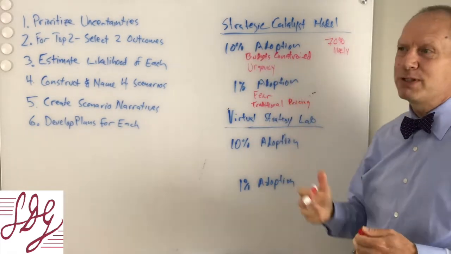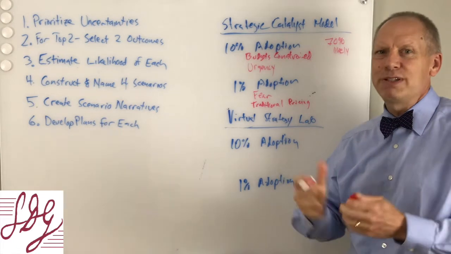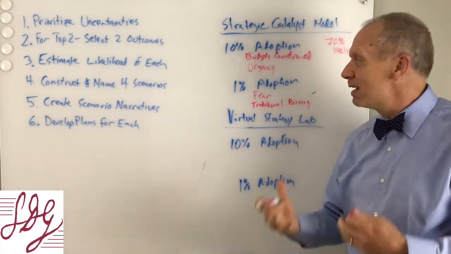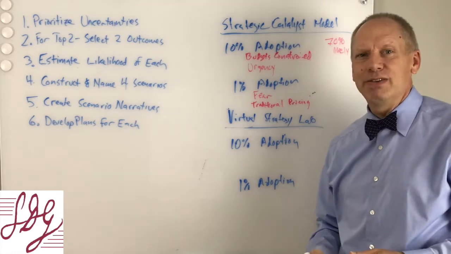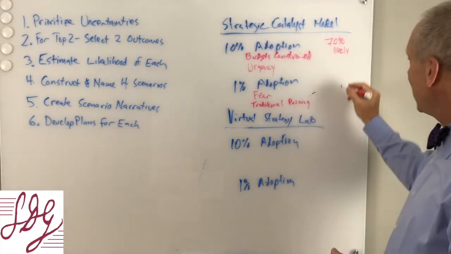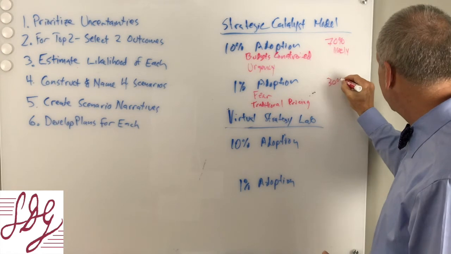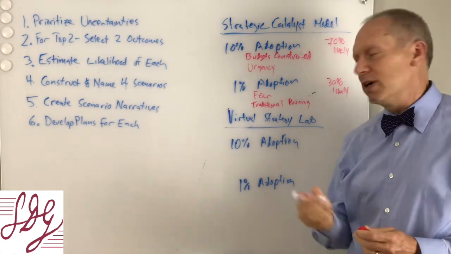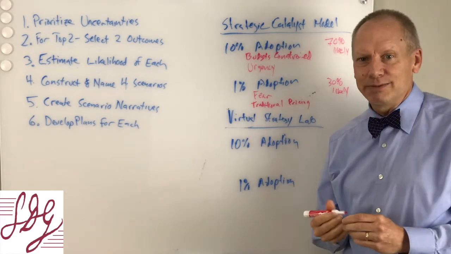So I think it's 70% likely that in at least 10% of opportunities to do strategy development, there would be a consideration of a strategic catalyst model. And that leaves 30% likely for the 1% adoption rate.